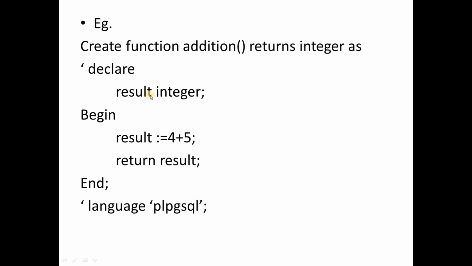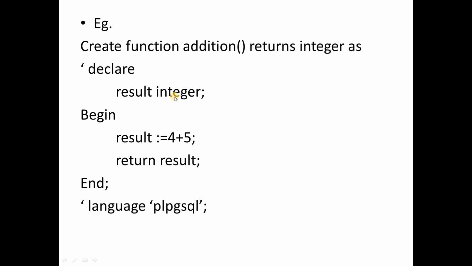This result is integer, numeric type, and that's why I mention the data type here. In C, to declare a variable we first mention the data type and then the variable name, but in plpgSQL this process is reversed. You have to mention the variable name first, and then the type of that variable.